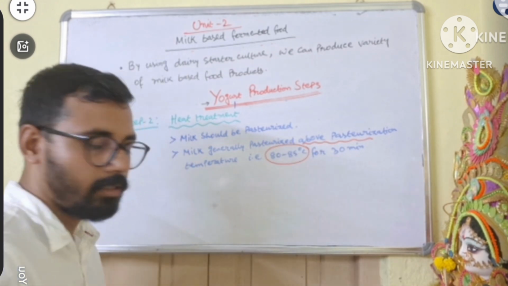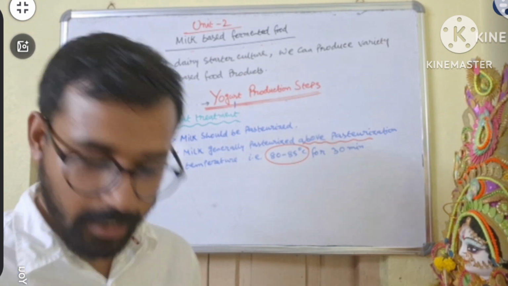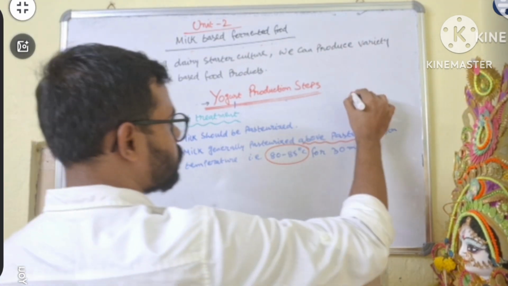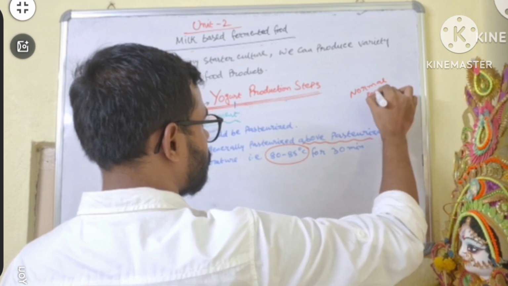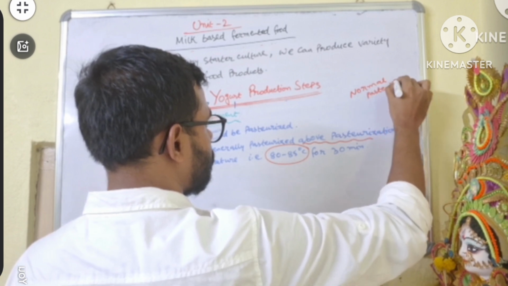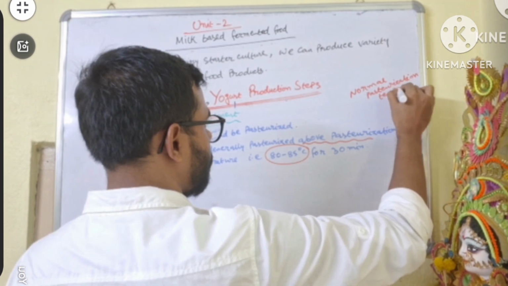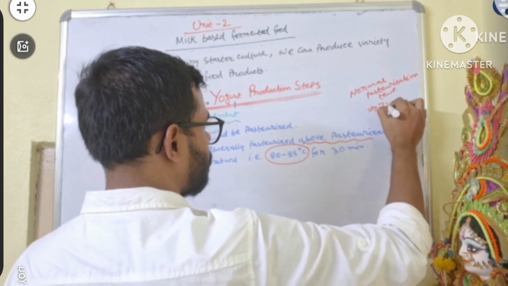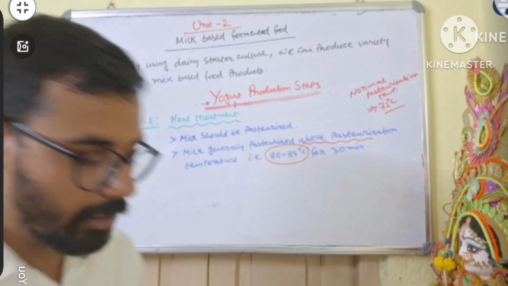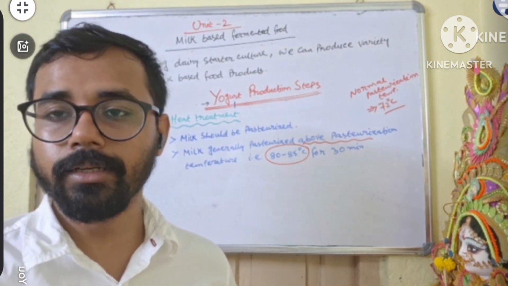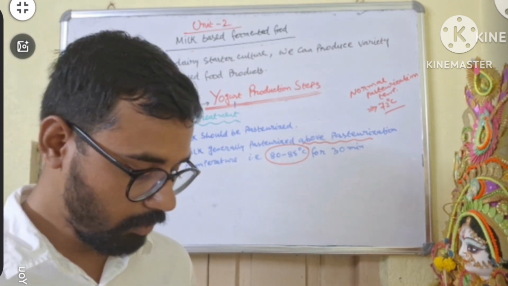Normal pasteurization temperature is lower, 72 degrees centigrade, but here we are using 80 to 85 degrees centigrade, above the pasteurization.